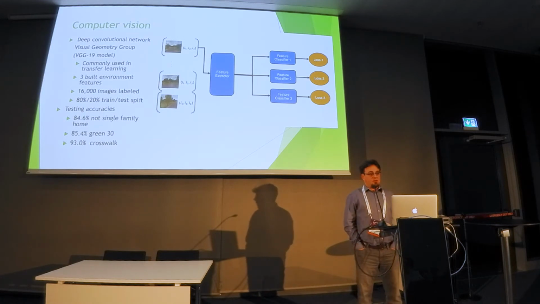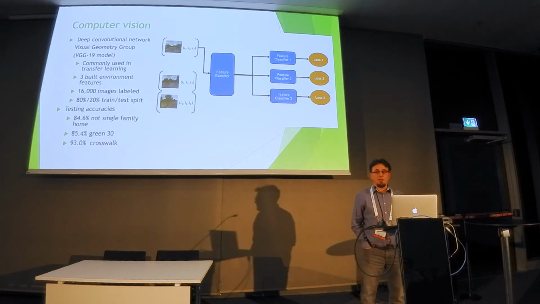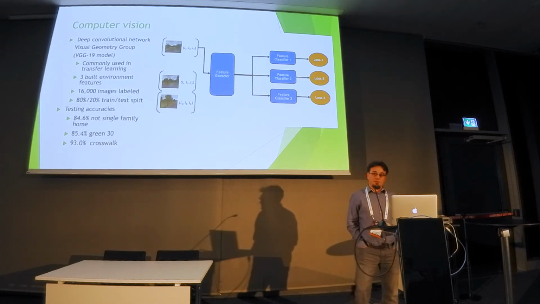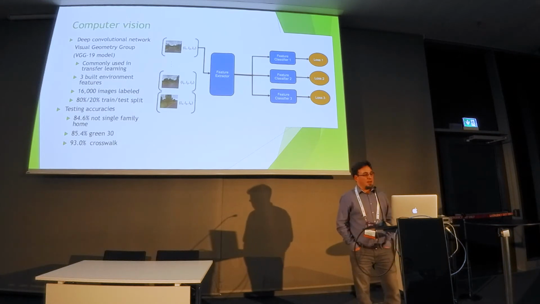We then used a deep convolutional network, the VGG19 model to be specific, which is commonly used in transfer learning. We take advantage of this model, which has been trained on a much larger data set, ImageNet, for image classification. Then we labeled 16,000 of those 400-some thousand images we had collected for the 3 built environment features.